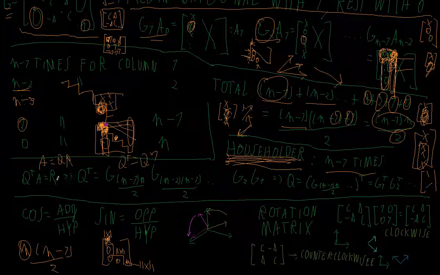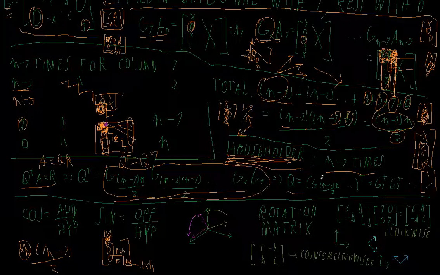So we know that Q transpose A is equal to R, and we also know that if you apply all our Givens rotations to A, we also get our upper triangle matrix R. That means that Q transpose is equal to the product of all those Givens rotations, and so Q is equal to the transpose of the product of all those Givens rotations. Here G sub n-1 times n over 2, because we do it in total n-1 times n over 2 rotations, times this n-2 times n-1 over 2, until we reach this G sub 2,1. The product of all those rotations, transposed, gives us our Q.